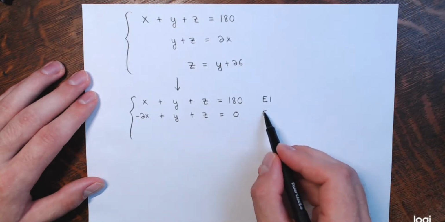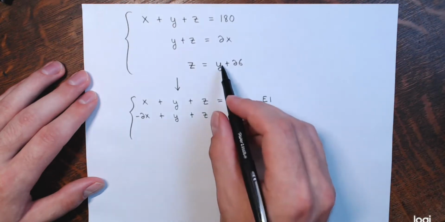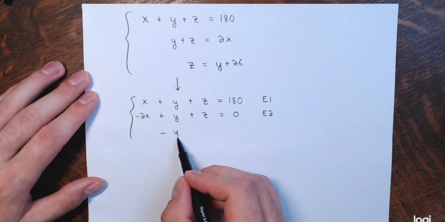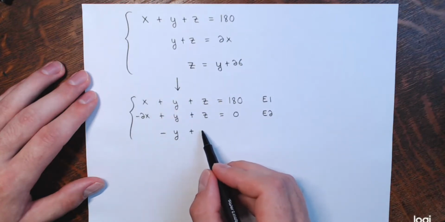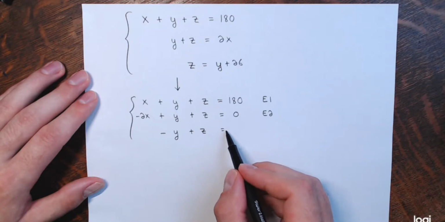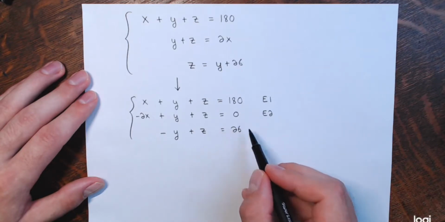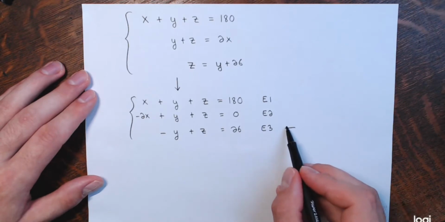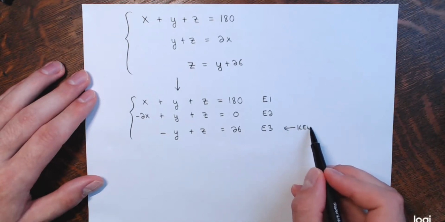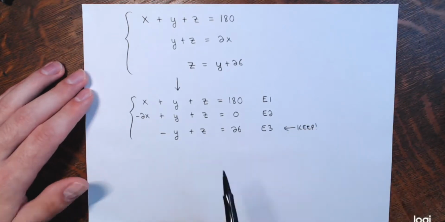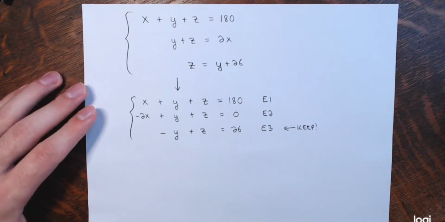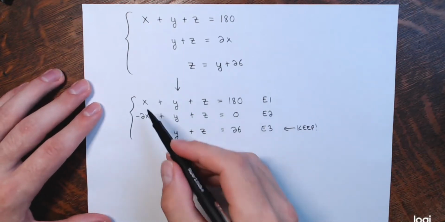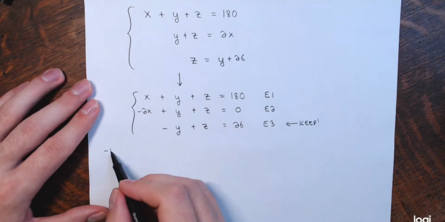There's E2, equation 2. Third equation I'm just subtracting y. So negative y plus z equals 26. There's E3. And I'm going to keep E3 the way it is. It has y and z, and then again eliminate x from the first two.